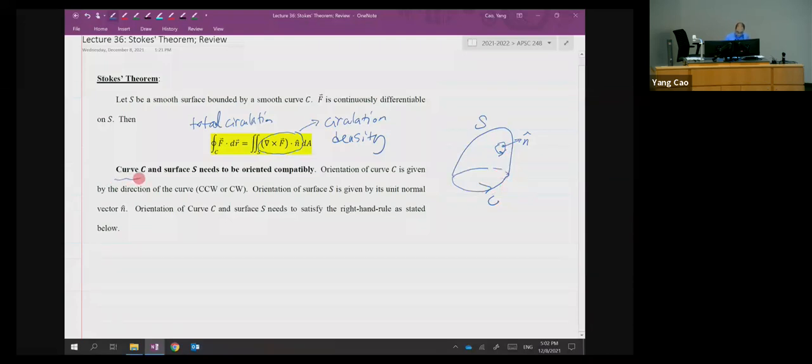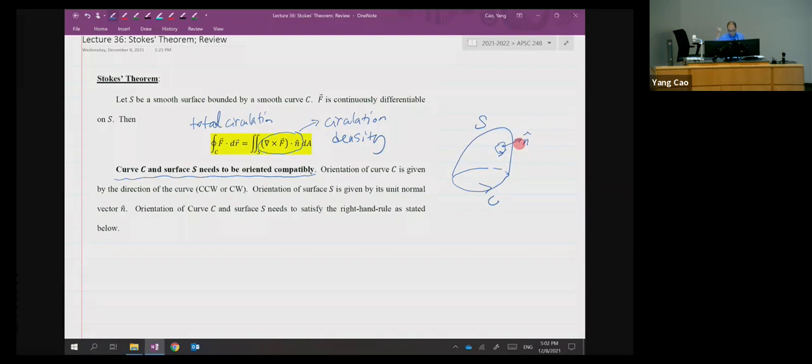One thing you have to be very careful about is that the direction of the curve C, or what we call the orientation of curve C, needs to be compatible with the orientation of the surface S. In other words, the direction of C needs to be compatible with n hat, which represents the orientation of the surface S, using the right-hand rule, as we demonstrated in the previous lecture. There are two ways to use the right-hand rule.